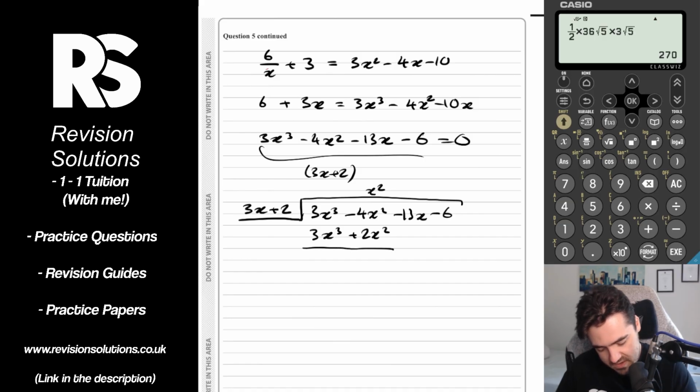Subtracting off, minus 4 minus 2 is minus 6x squared. Then bringing down the next term, minus 13x. Repeating the same process, minus 6x squared divided by 3x is minus 2x. Multiplying through again, we get minus 6x squared.